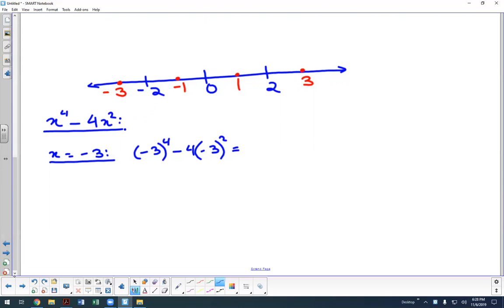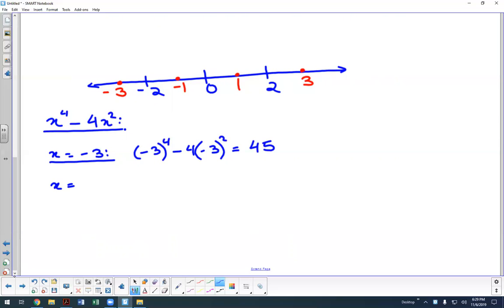And what does this come out to be? It will be 45. And a positive one at that.